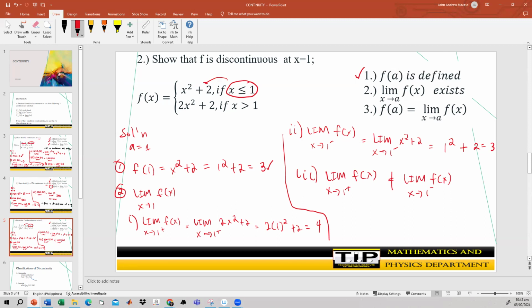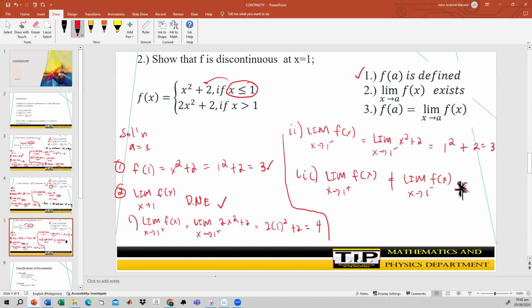So it fails to satisfy the third condition for the two-sided limit. What does it imply? It just means that the limit of f of x as x approaches 1 does not exist. That's what we can conclude now.